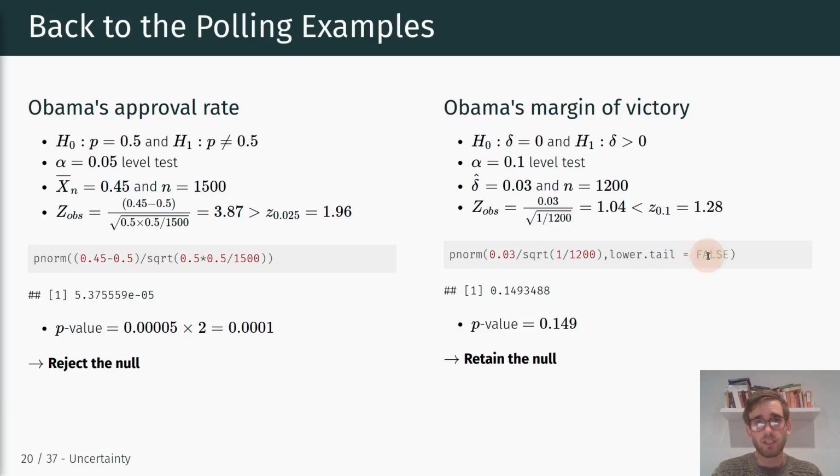So that means lower.tail is equal to FALSE, and we see the p-value is 0.149. Obviously that's larger than our significance level of 0.1 that we tried to achieve. So we're failing to reject the null hypothesis.